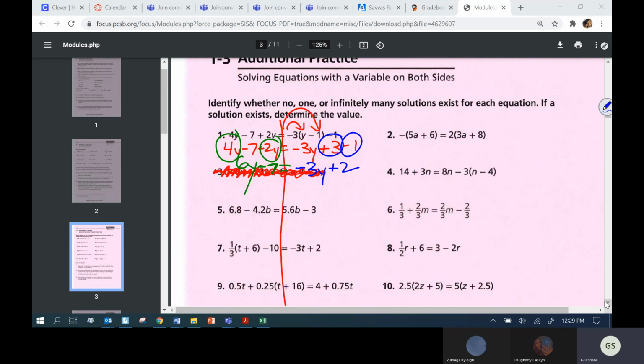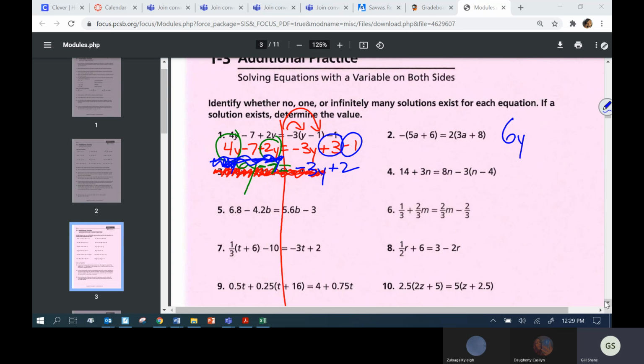So on the left, I combine the y's. On the right, I combine the numbers. If you'll notice, I haven't subtracted anything below yet. Like I didn't try to say subtract 2y and then subtract 2y. I didn't do that, which is what a lot of people try to do early in the problem. Don't immediately think about doing that. First, try to combine terms. Oh boy, I messed that all up.